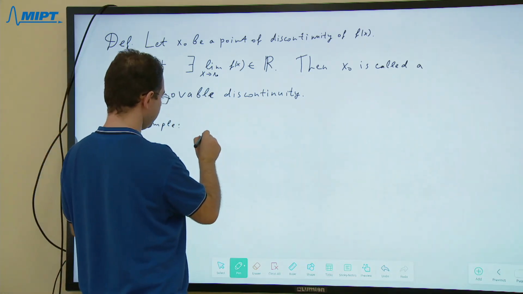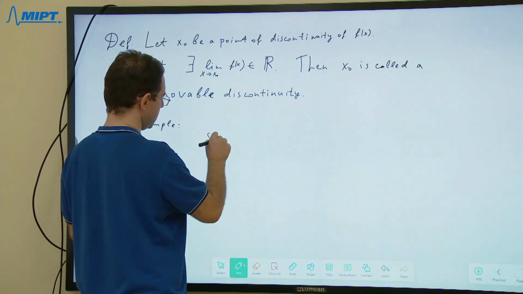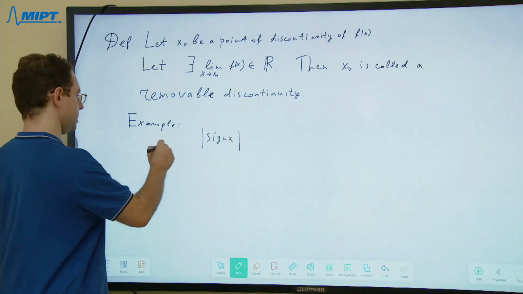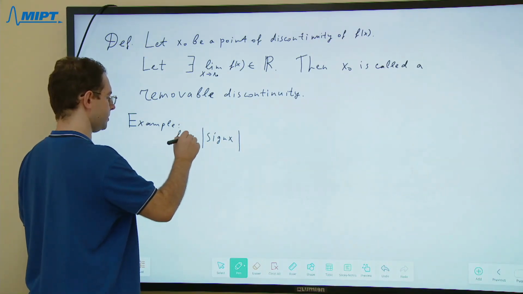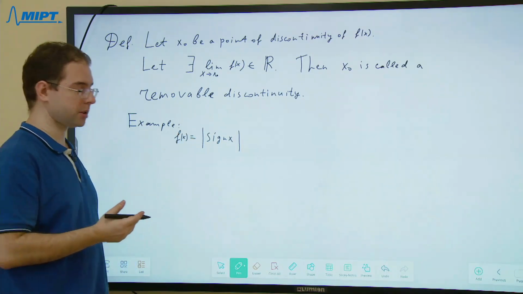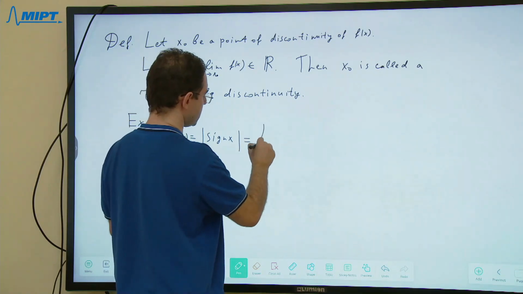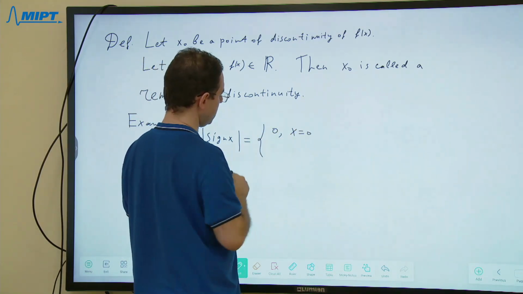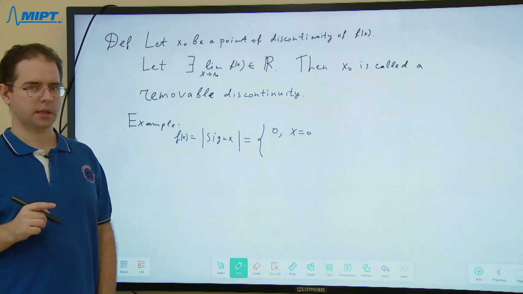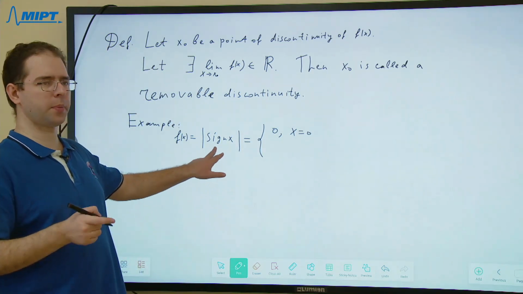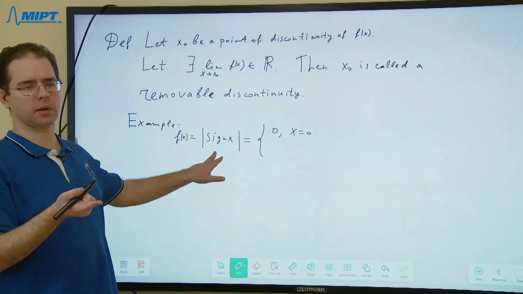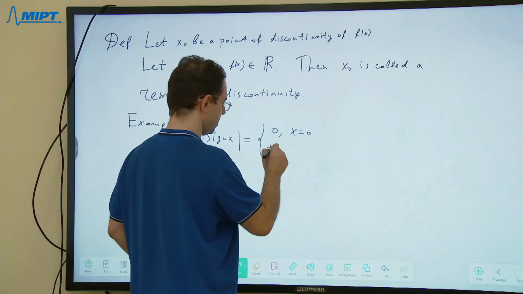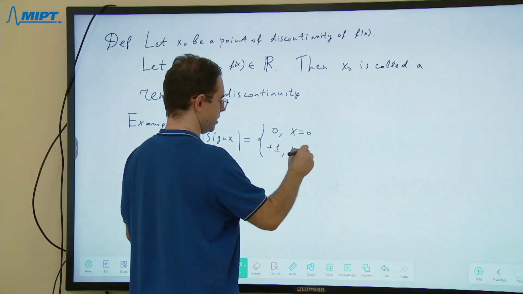Let's look at the function absolute value of sin x. So this will be my function of x. This function is 0 if x equals 0, and sin x was either +1 or -1 at other points. So the absolute value is just +1 if x is not 0.